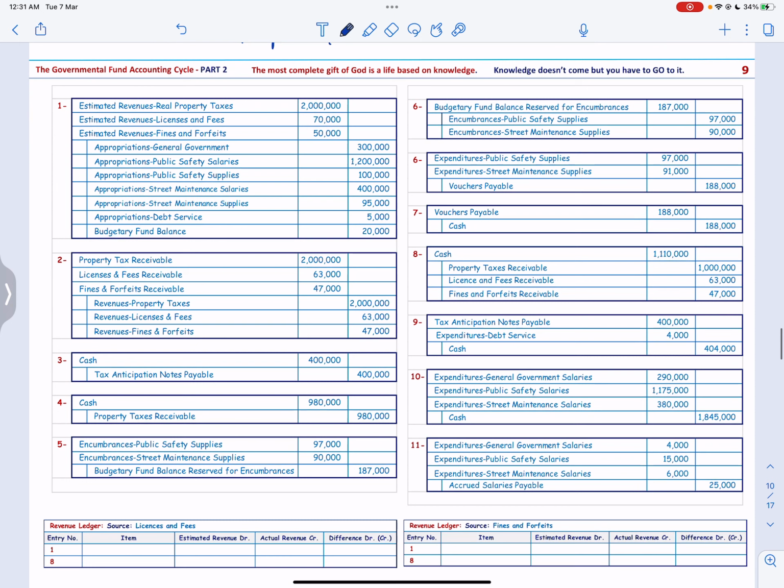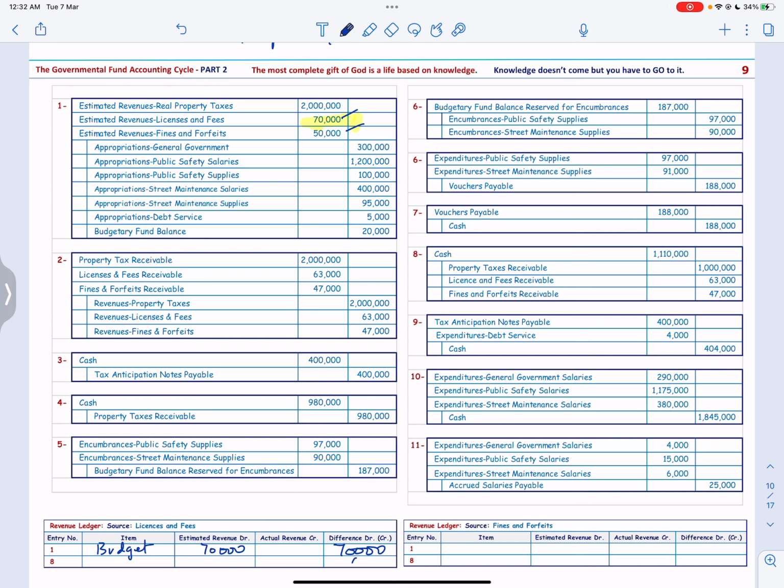Next, we will make the budgetary revenue ledger for licenses and fees, and for estimated revenue, fines and forfeits as such. So again we have in transaction number 1 this budgetary entry, and the amount is 70,000. And the balance is 70,000.